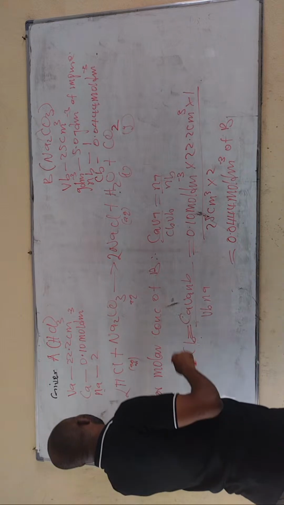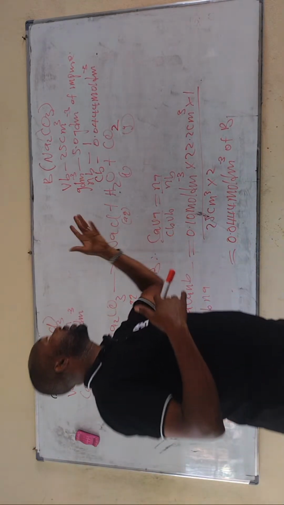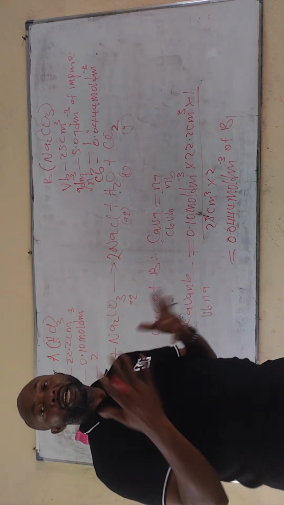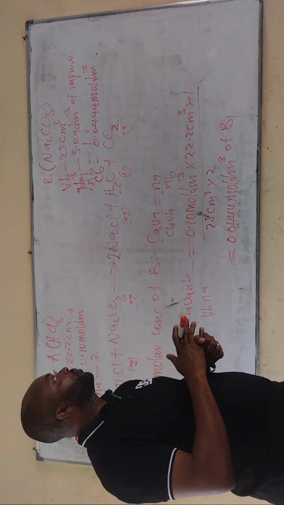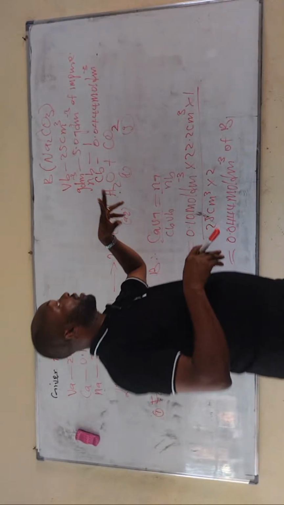So we're going to calculate the mass concentration of the pure by multiplying the molar concentration with the relative molecular mass. Like I said earlier, it is meant to be lower than what we have here, which is 5, so let's see what it is.